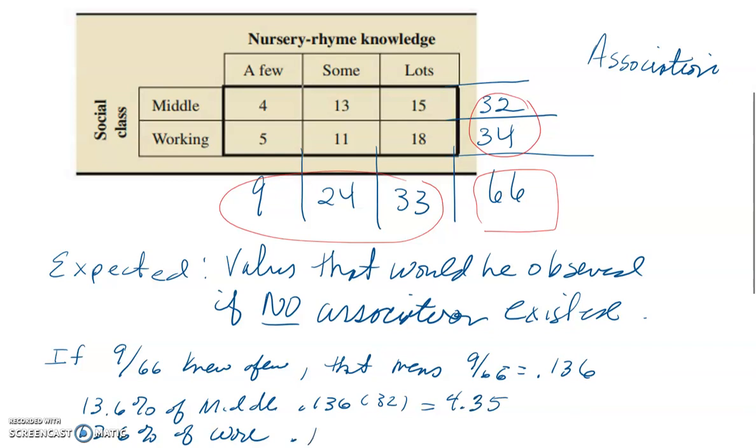And then the same percent, 13.6% of the 34 working class students, we would expect 4.62.